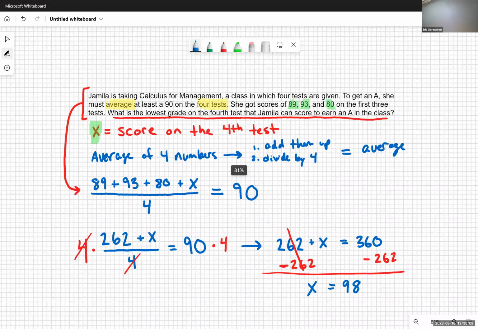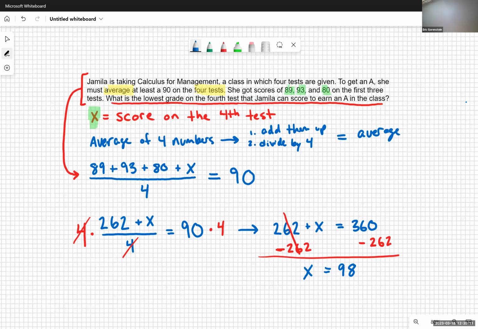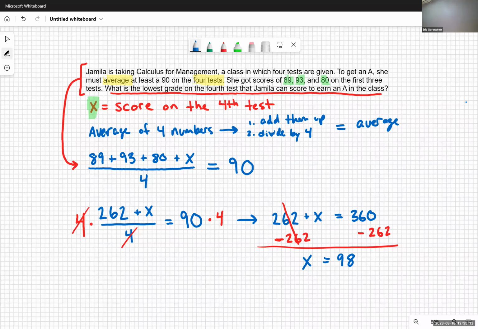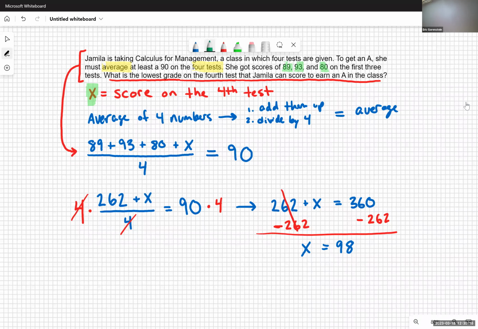Let me just zoom in a little bit to free up a little bit of space here. Now remember, a word problem is a statement in words, so the solution should be a statement in words.